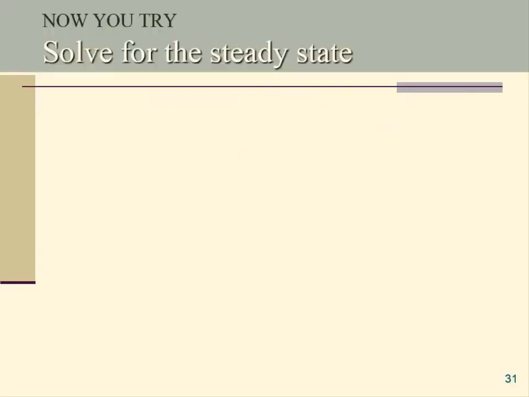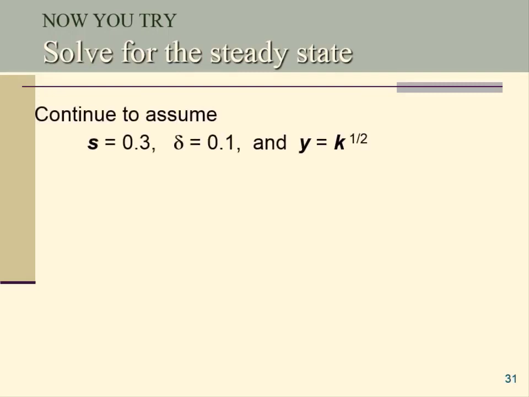So you can try to solve for the steady state by continuing to assume saving rate equals 0.3, rate of depreciation equals 0.1, and production function is output per worker equals capital stock per worker to the 1/2 power.